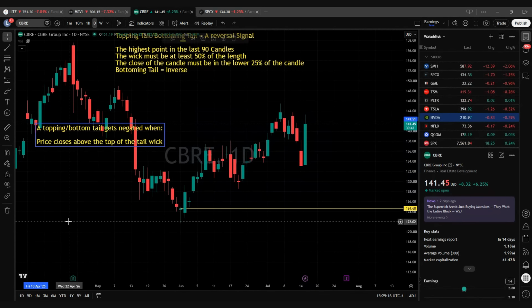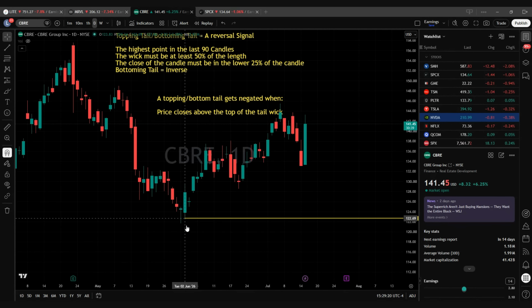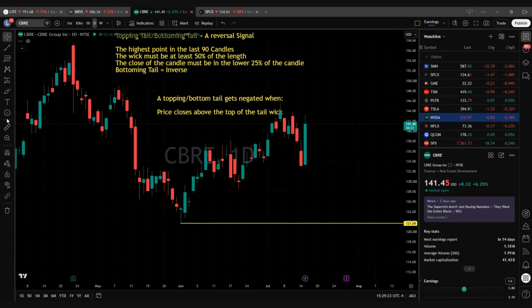Similarly and inversely, for this bottoming tail, price would 100% get negated if price ever closed below this 121.69 region. If that ever happens, this reversal signal is absolutely off of the table.